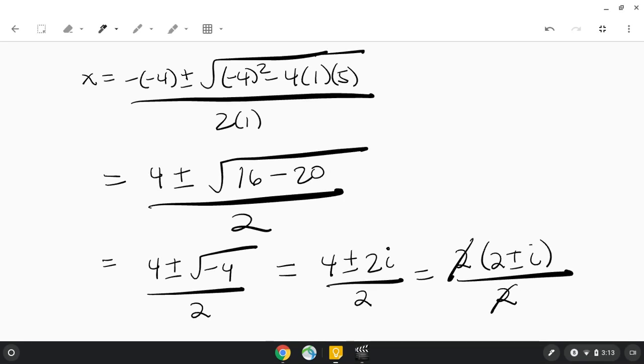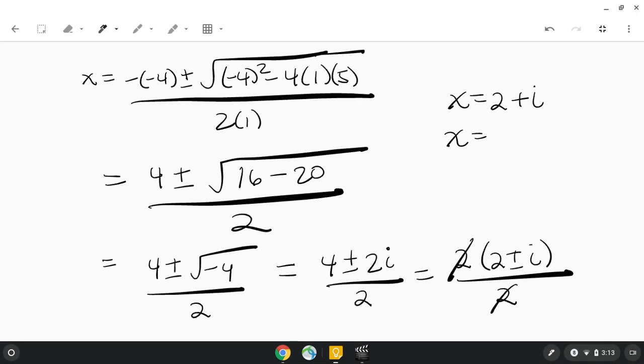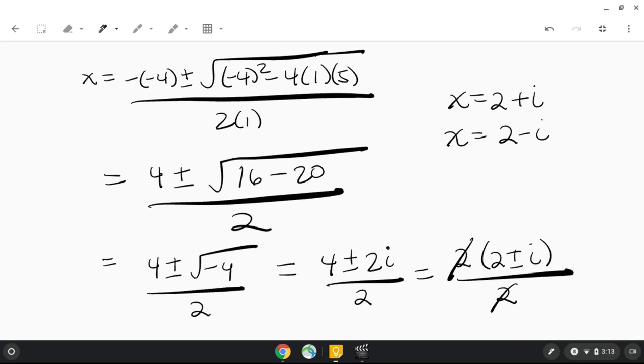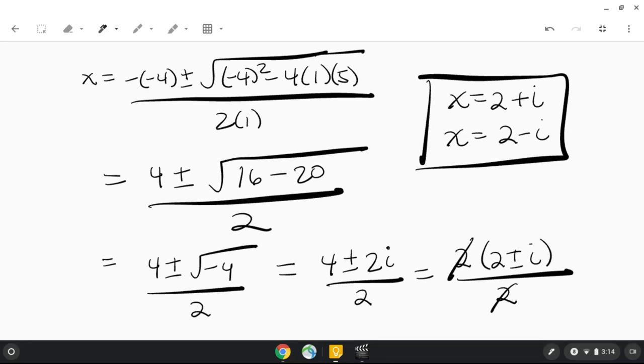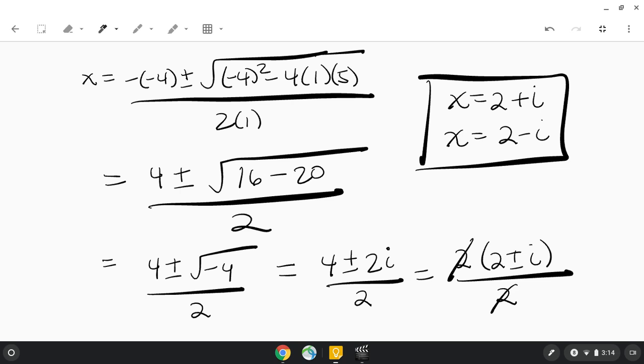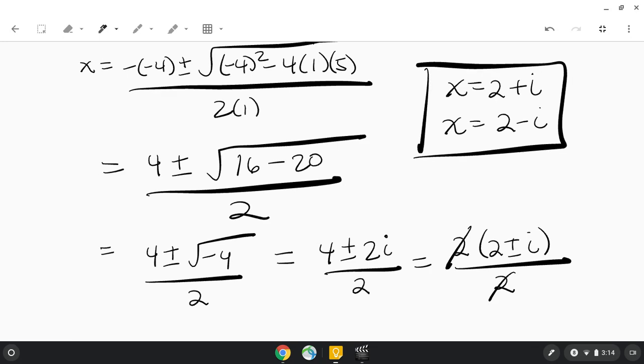Okay, and so there are my answers. x equals 2 plus i, and x equals 2 minus i. So these are my two solutions. You're going to be asked to find all the solutions, all the zeros, not just the real ones now. So you have to find all of them, real and imaginary.